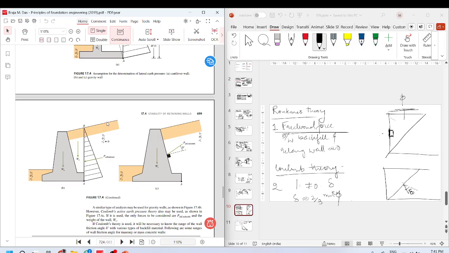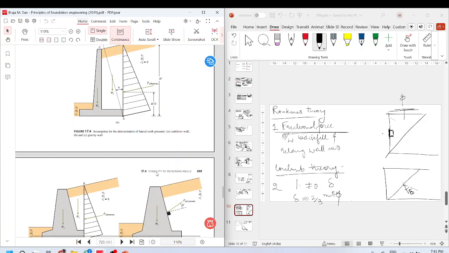Here your PA is inclined because your backfill is inclined.